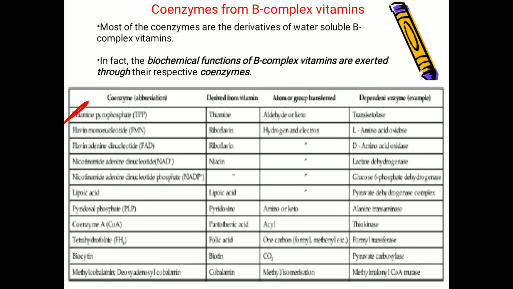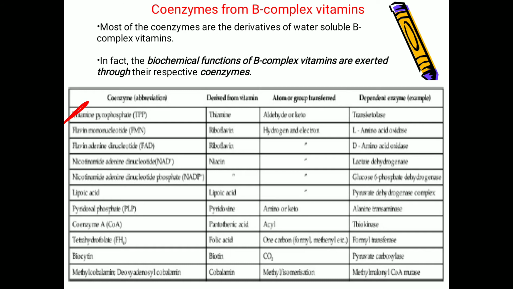as a coenzyme. And next one is lipoic acid, and the available coenzyme is also lipoic acid, which is also involved in hydrogen or electron transfer. The enzyme for this coenzyme is pyruvate dehydrogenase complex.